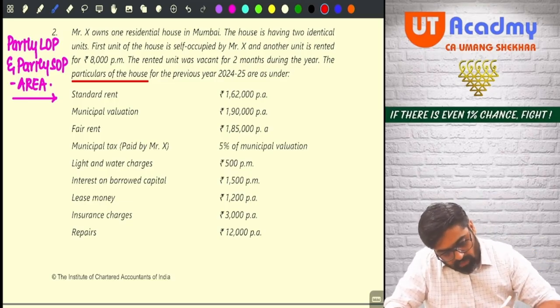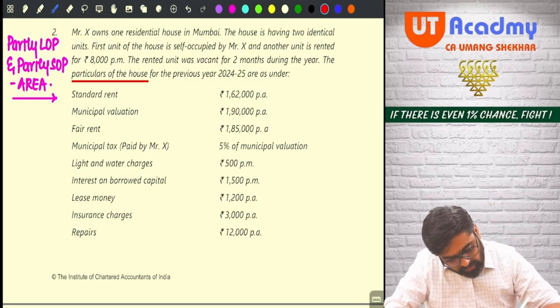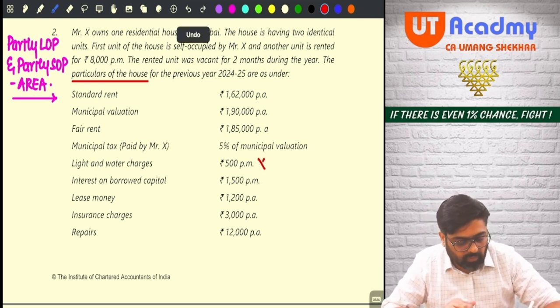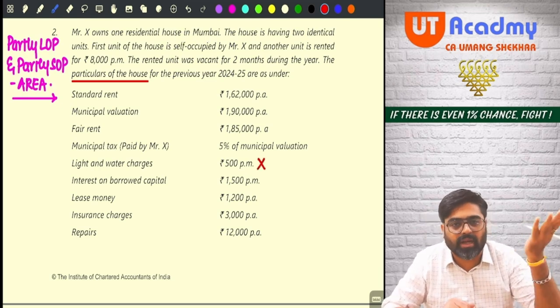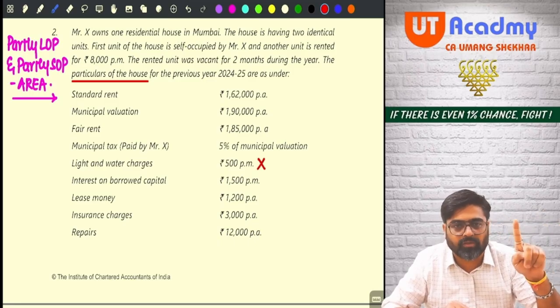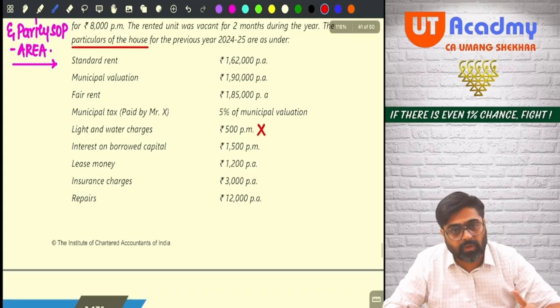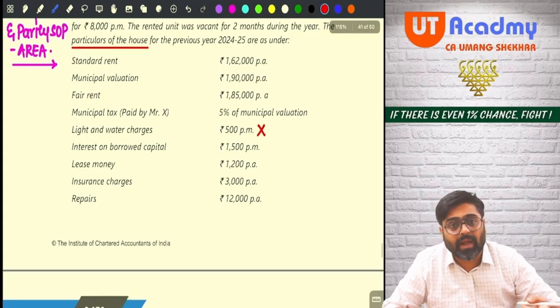Next one. Municipal tax and everything is given. They are saying that light and water charges are given. This is an expense and will be ignored, because 30% standard deduction is given to cover all your expenses. So this expense will not be allowed. Interest on borrowed capital will be allowed, but that also I'll have to divide into two parts, half.